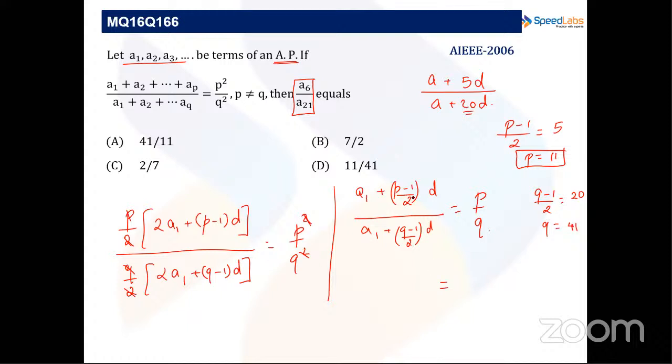So on substituting these two values, we will be getting a6 upon a21, we are having a1 plus 5d upon a1 plus 20d, which is equal to 11 upon 41. So the correct answer is D. Clear with this one?